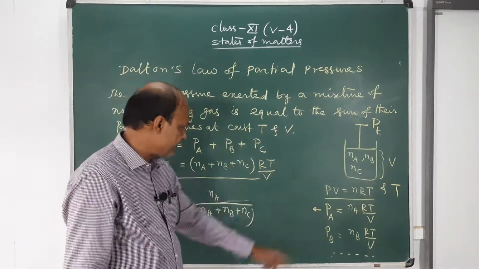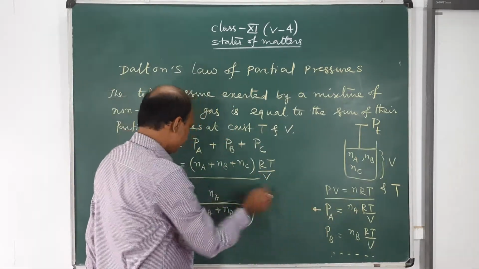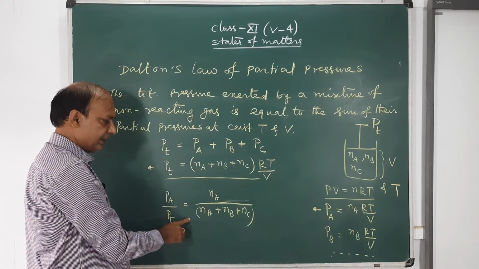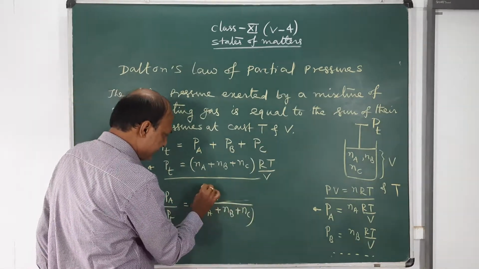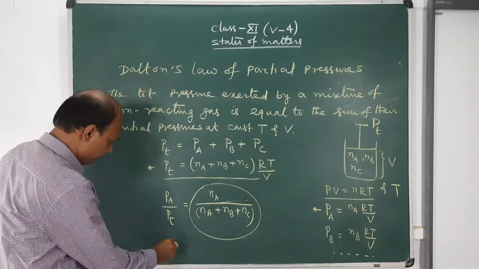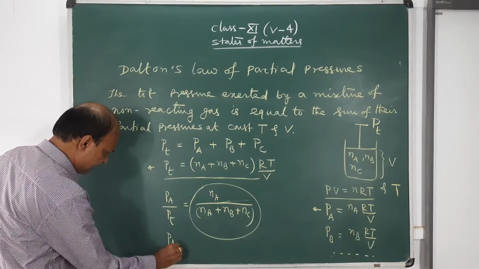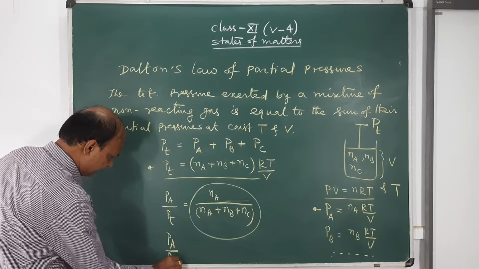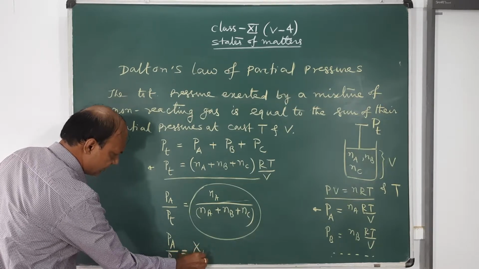If you divide this by this, you will get this. Therefore, this quantity stands for mole fraction of the gas A. Therefore, you can write Pa by Pt equals mole fraction of gas A.